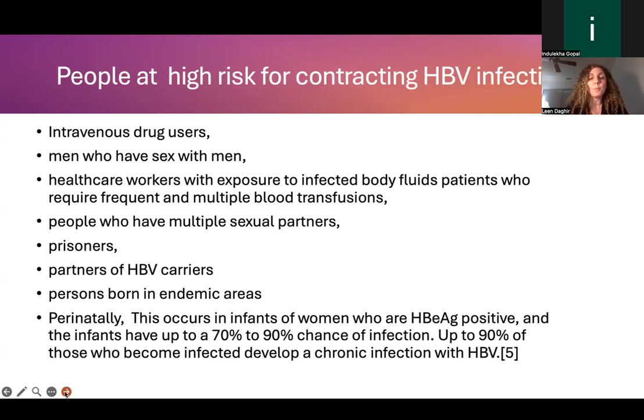It can also be transmitted from mom to baby. There is a 70% to 90% chance of infection in infants born to moms who are positive for hepatitis B antigens, and up to 90% of the babies who become infected will develop a chronic infection.